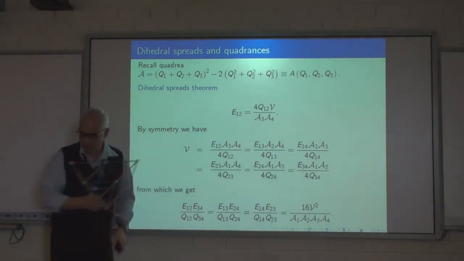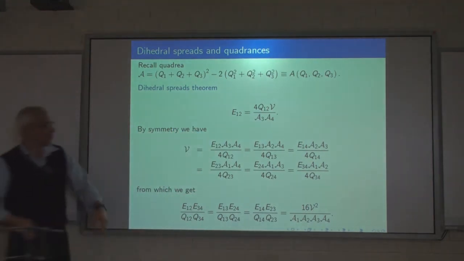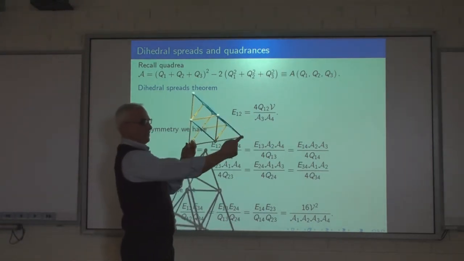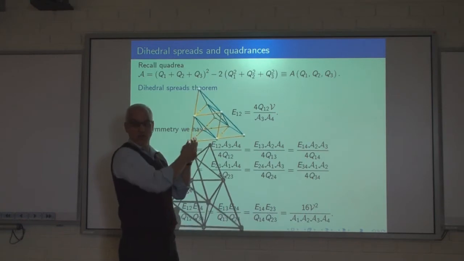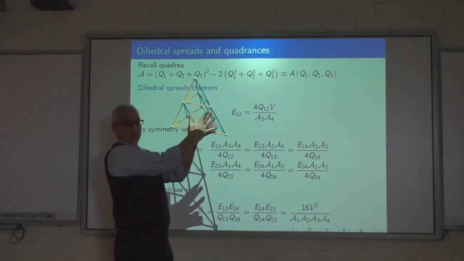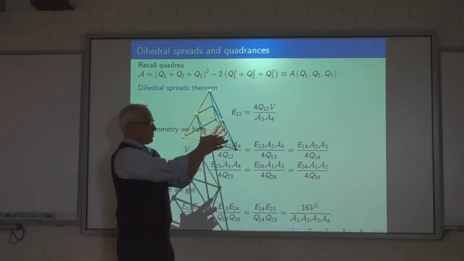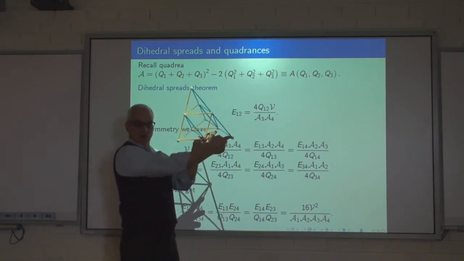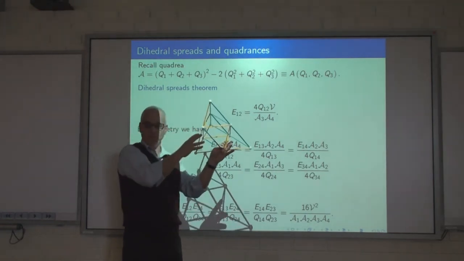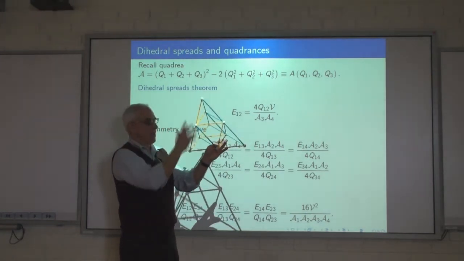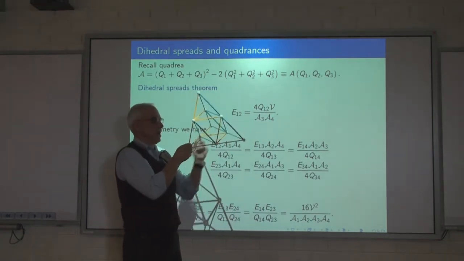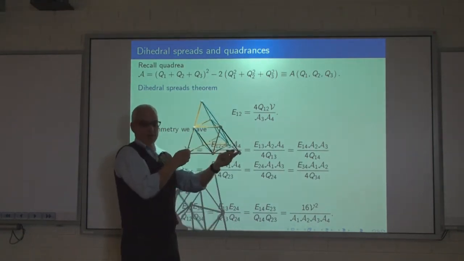Okay, so let me express this formula in terms of our tetrahedron here. If this happens to be the vertex 1 and this is the vertex 2 and here's the edge E12, then if we want to find this spread, what we do is we take 4 times the quadrance Q12 multiplied by this quadroom V, divided by the quadrea of this face times the quadrea of this face.